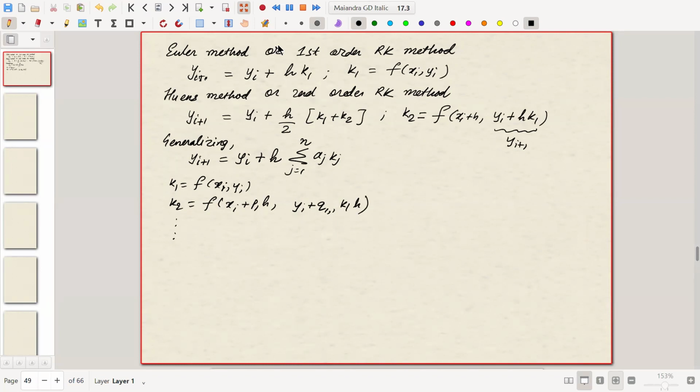Most of the SciPy solvers internally use these RK methods built in, like RK fourth order and all this. Since we have seen the first order and second order RK methods, we are now good to actually see the Runge-Kutta fourth order method, which is actually our interest, and it is a lot better than the forward Euler which we discussed and you solved in class.